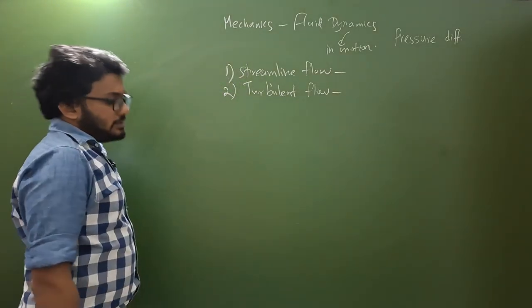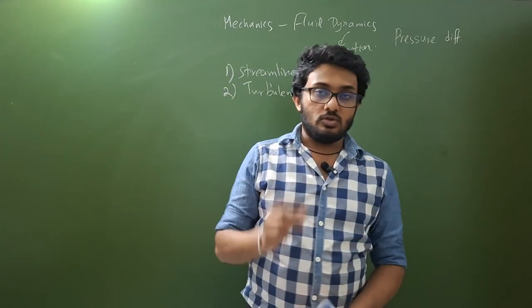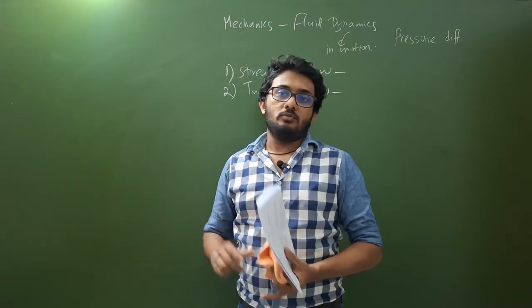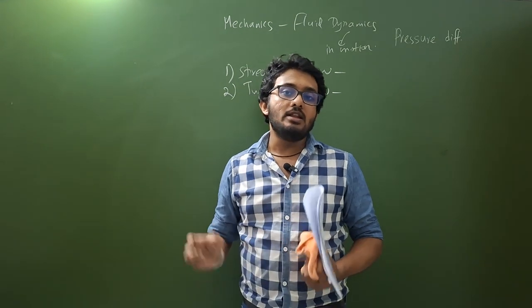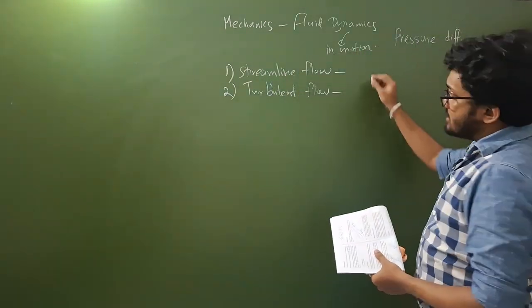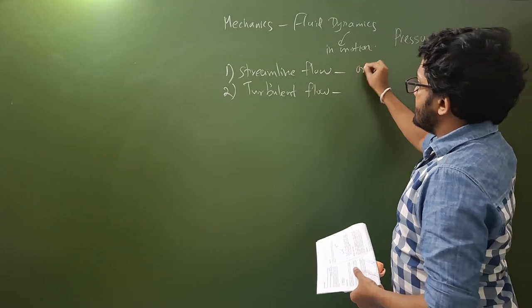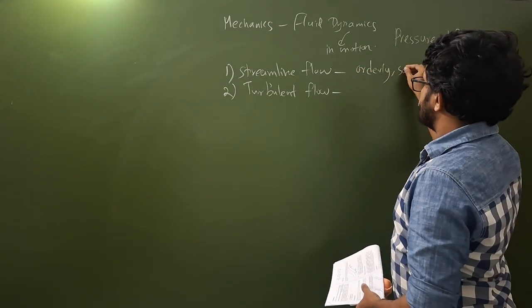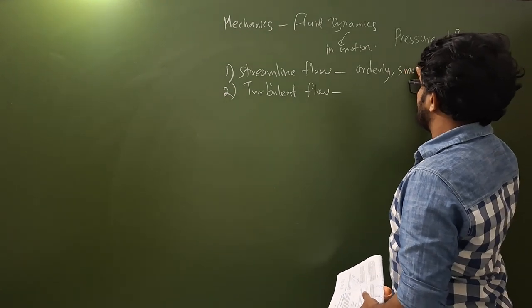So what is the difference between these two kinds of flows? Streamline is an orderly flow. It is a smooth orderly flow. So we can say streamline is orderly and smooth.